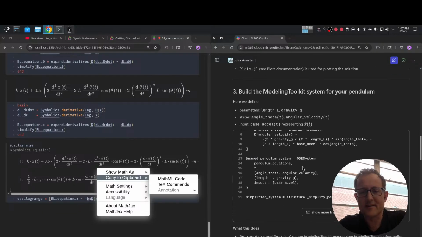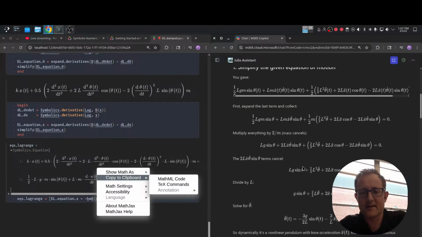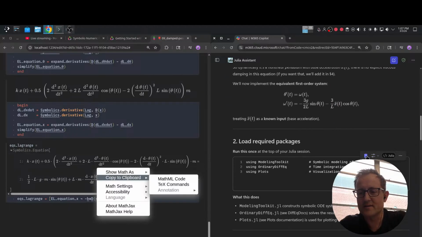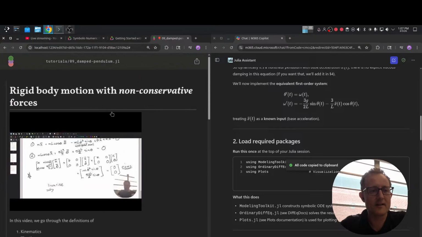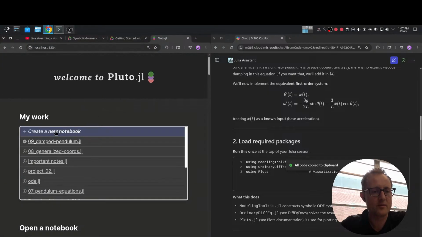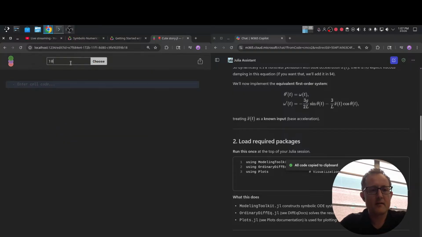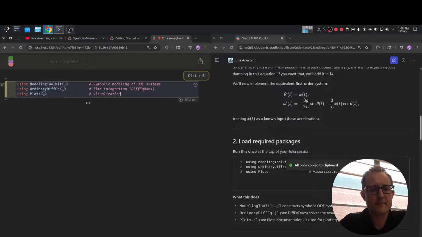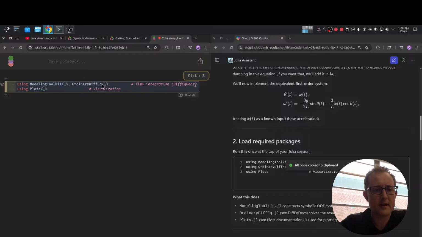All right, so let's see what happens if we just grab this code and try to run it in here. And we might as well start with a new notebook. And what I like to do is put everything in commas here.